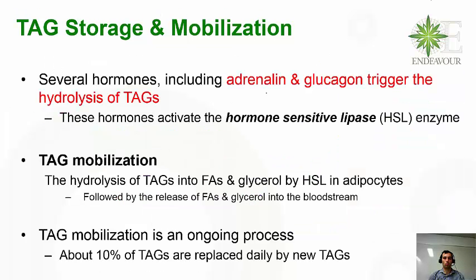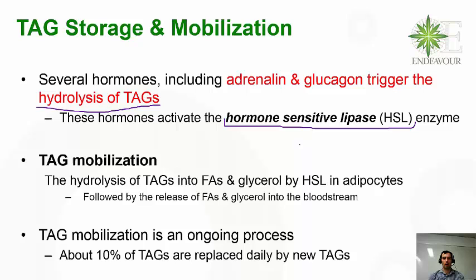So just like in our carbohydrate metabolism, what we're going to do with our triacylglycerols is actually under the control of hormones. So our glucagon and also adrenaline can trigger the breakdown, the hydrolysis, of our triacylglycerols. And they do this by activating an enzyme called hormone-sensitive lipase.